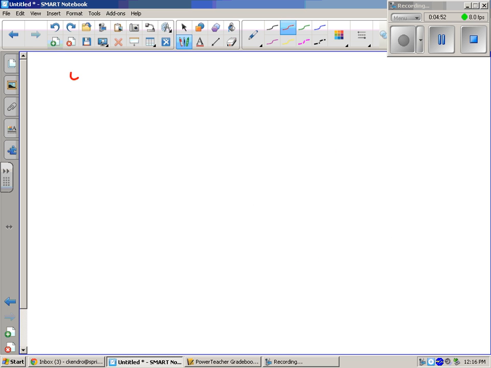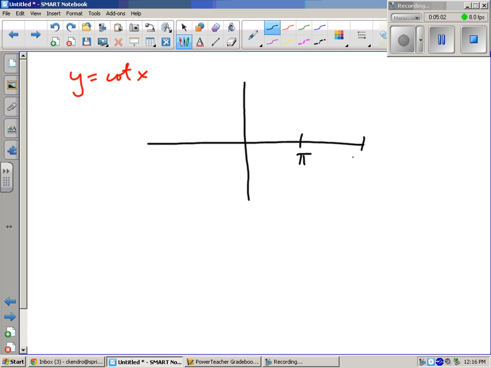All right, let's try y equals cotangent of x. This looks a little bit like tangent, but because it's cosine over sine, it's where sine equals 0 that the asymptotes are. So sine equals 0 at pi and 2 pi, and also at 0, but that's the y-axis.